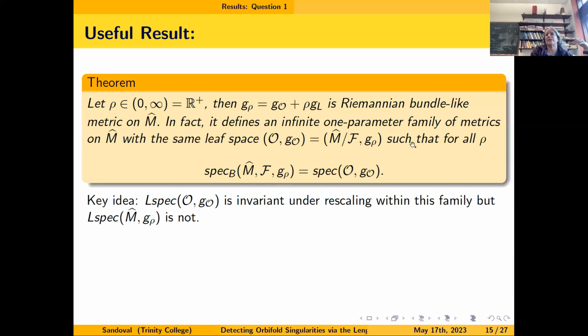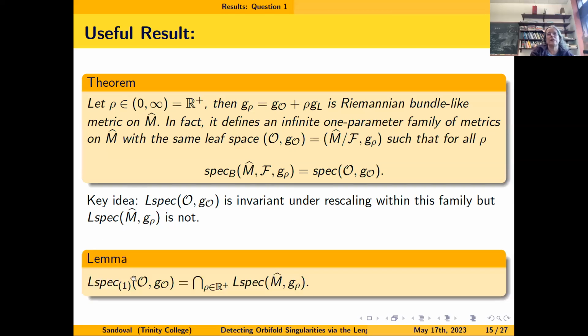And in fact, for this family of metrics, the basic spectrum is always the same, and it's equal to the spectrum of the orbifold. The key idea here is that the length spectrum of O is invariant under rescaling within this family, but the length spectrum of the frame bundle is not. So this rescaling is going to affect the lengths of any geodesic that is of the type that we want to filter out. Okay.